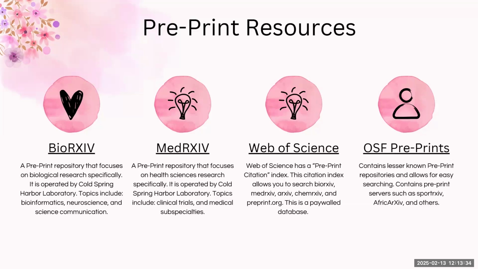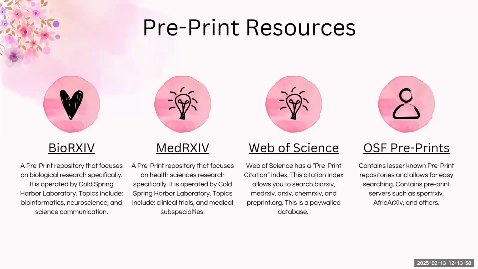However, I would like to note that in quite a few of the scholarly databases, Web of Science being one of them listed here, and PubMed being the other, they do now index these preprints because they pull articles from bioRxiv, medRxiv, and then some of the other ones. Web of Science has what we call a preprint citation index.